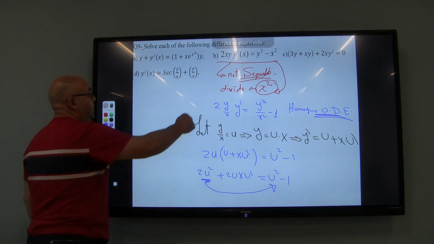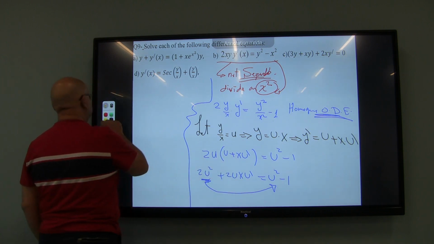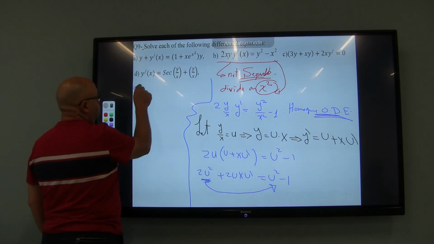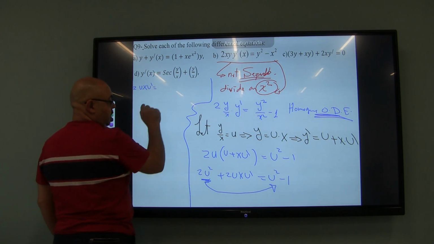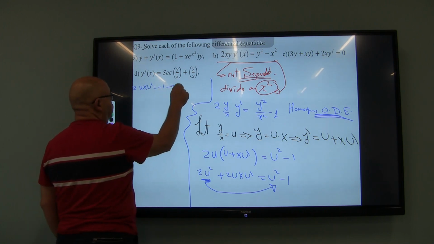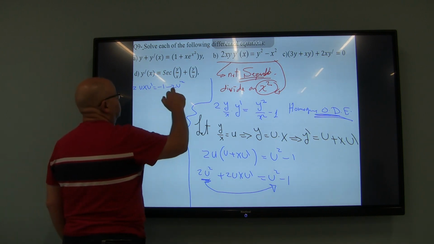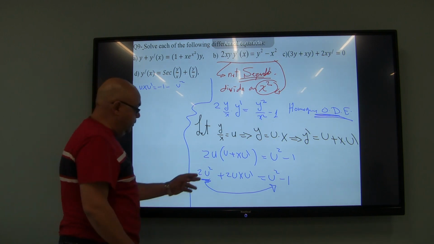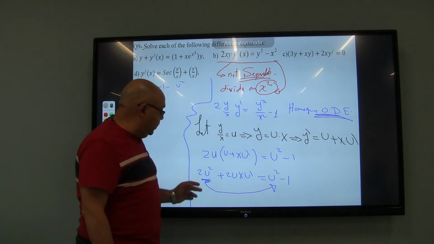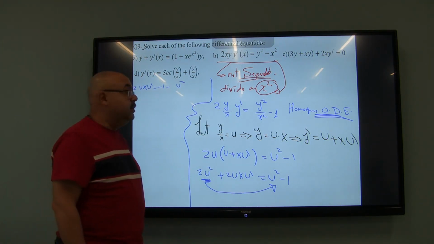So the form becomes, be careful when you move, you have 2ux u dash equal to negative 1 minus 2u squared. Right, or what? Sorry. Isn't that so? Because when I move it to the other side it's going to be negative 2u squared plus u squared, so you will have negative u squared.